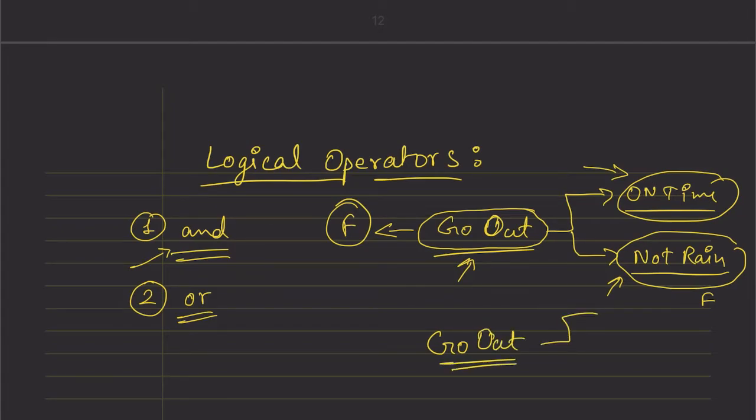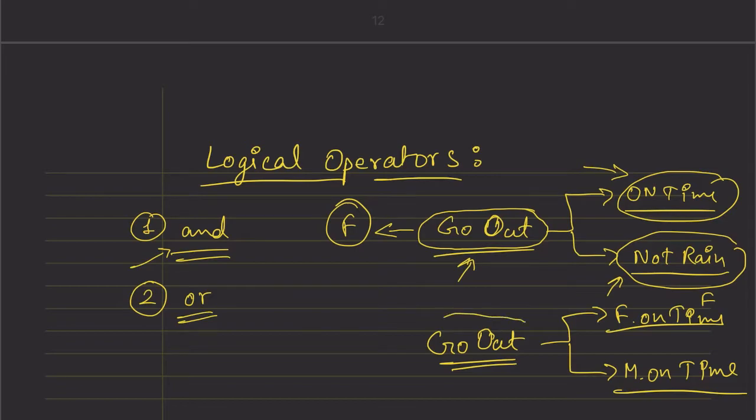This time it depends on two conditions: let's say your father returns on time in the evening, or your mother returns on time in the evening. In this case, whether you can go out depends on at least one of these two conditions.